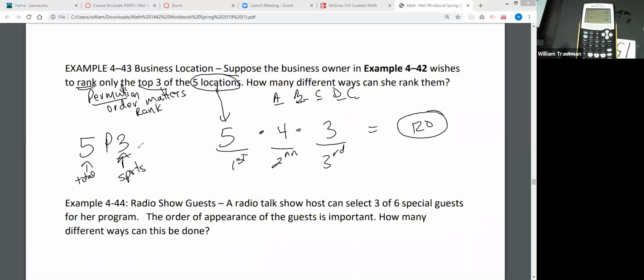So if you put that in your calculator, 5P3: 5, math, permutation, which is number 2, hit enter and then hit 3. Did I type that in? Oh, I did the math wrong. I get 60. 5 times 4 is 20. 20 times 3 is 60, not 120.